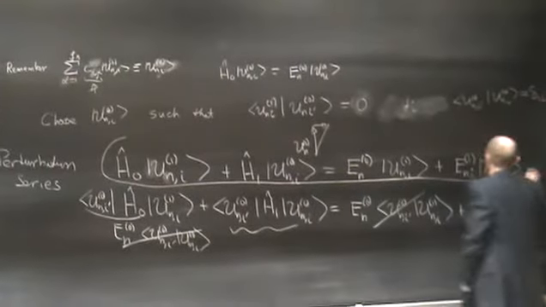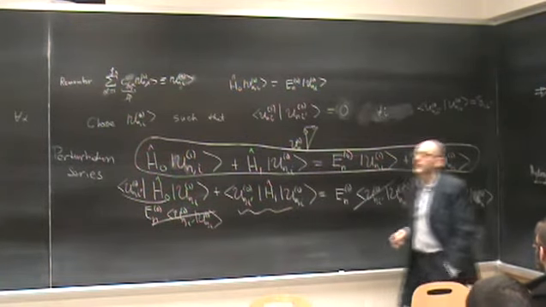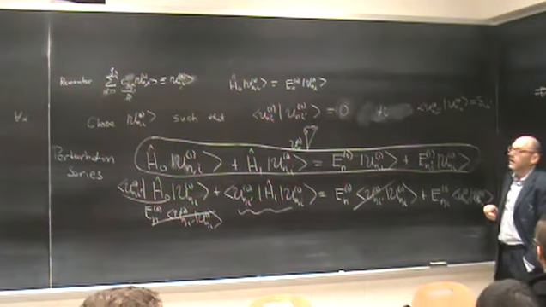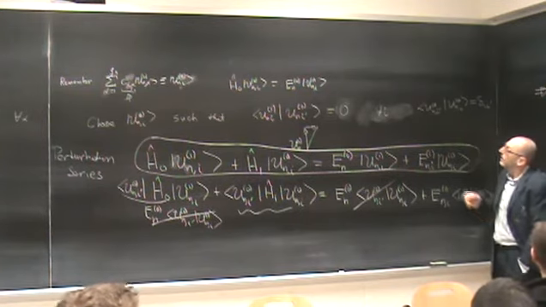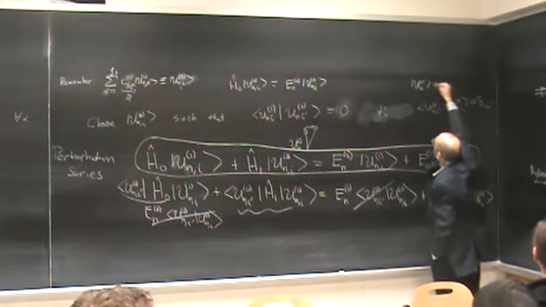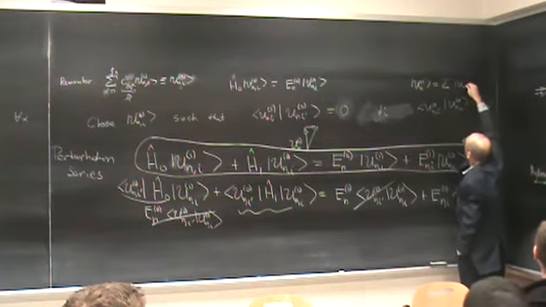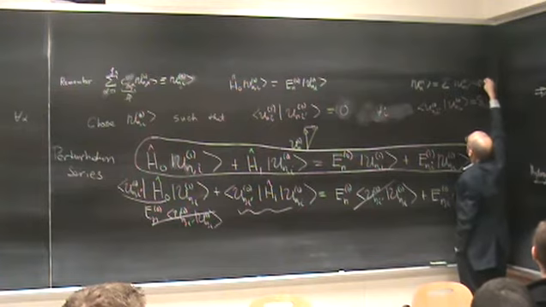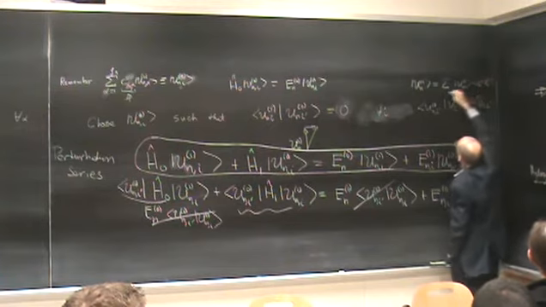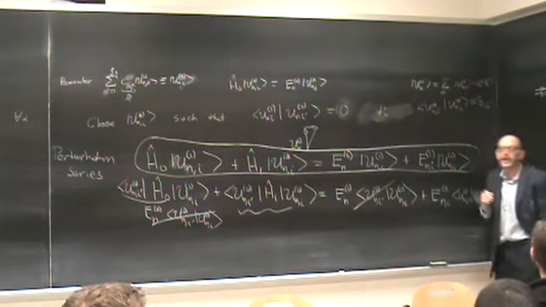So let's go back over here. What we had done is, we wrote un1 before in terms of the superposition of all the other un0. We wrote a complete set, summed over all those, and we plugged that in.